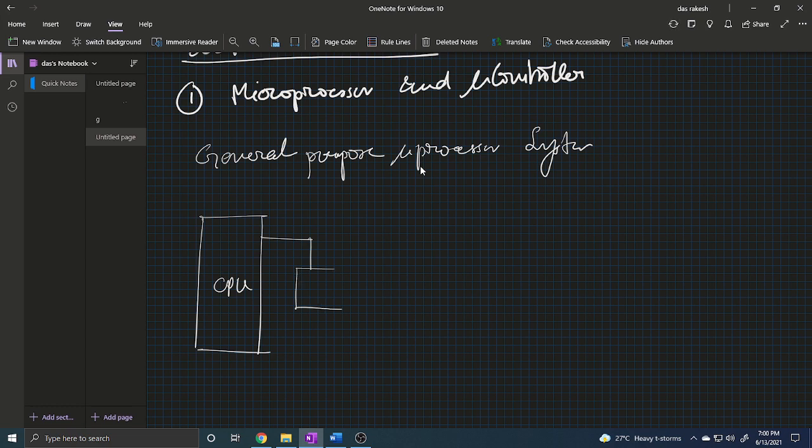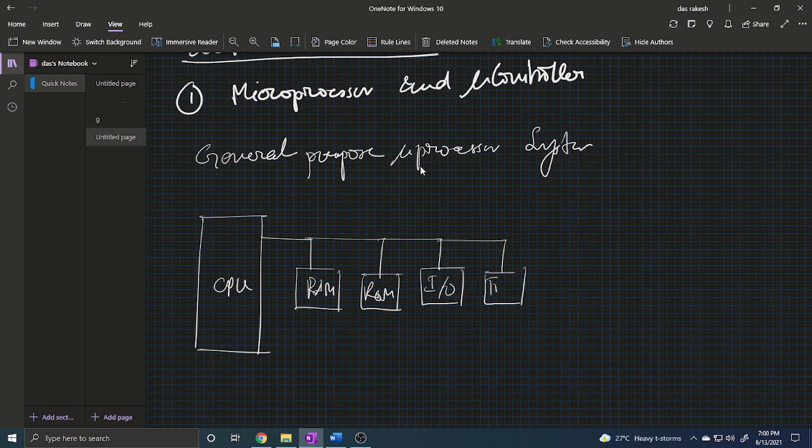In the external world it is connected through RAM, next ROM, next input output port, next timer, and next serial port also. This is a serial port.